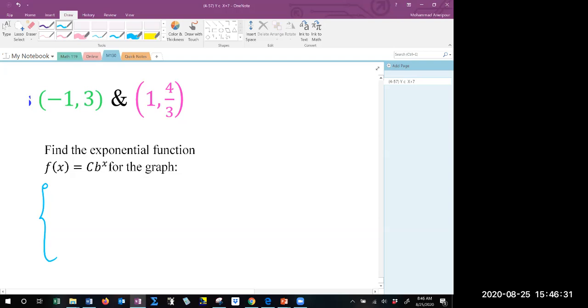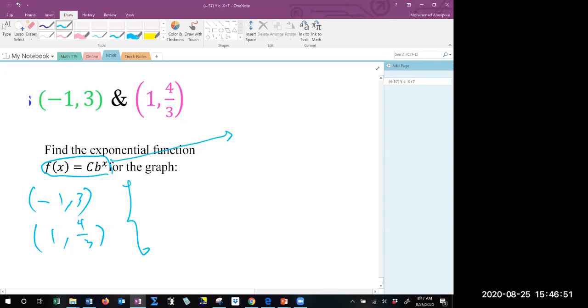Maybe I do it like this. We have the pair -1, 3, and we have the pair 1, 4/3. So I'm going to rewrite this as y equals cb to the power of x, or cb to the power of x equals y.